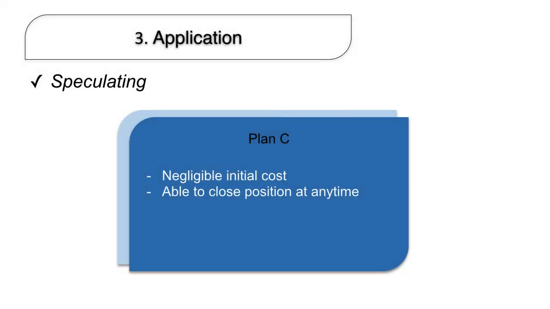Plan C: using futures contract. This plan's huge advantage is low initial cost, the initial deposit. In 1 month, should the price satisfy the investor's desire, he could close position and take profits through selling the contract to the clearinghouse. Otherwise, should he find the price changes unexpectedly, he could stop losses also through closing long position.